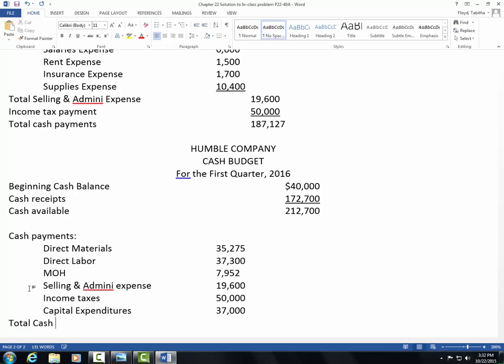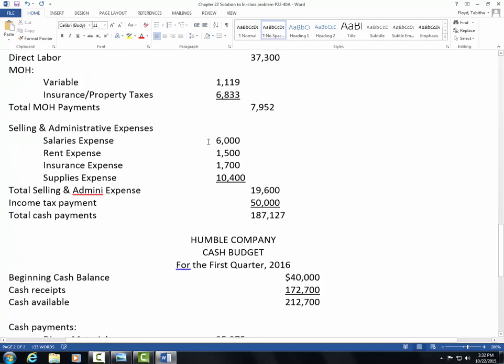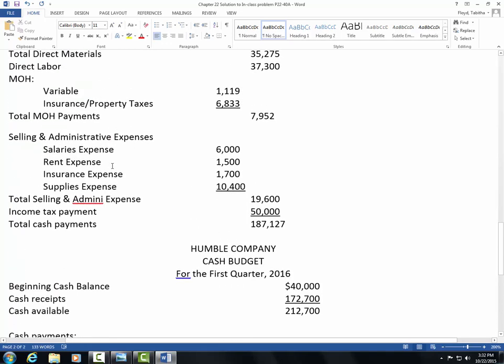Total cash payments, if you add those amounts up, it should be the same amount that's on your cash payment schedule, 187,127. The schedule just gives you more detail about how you totaled each of these up.